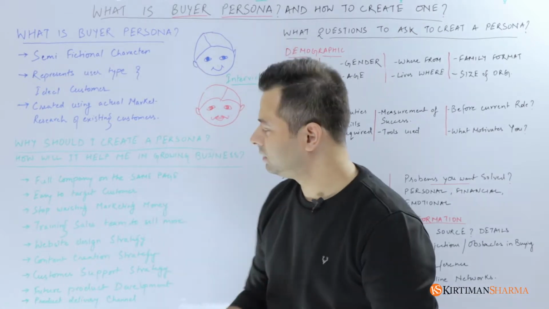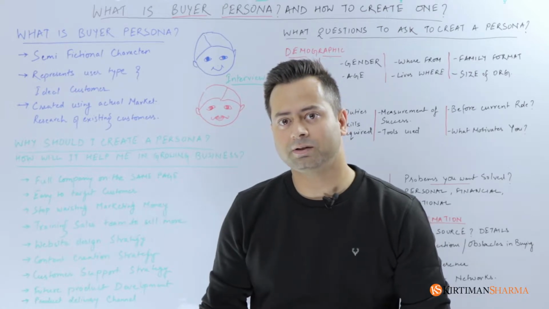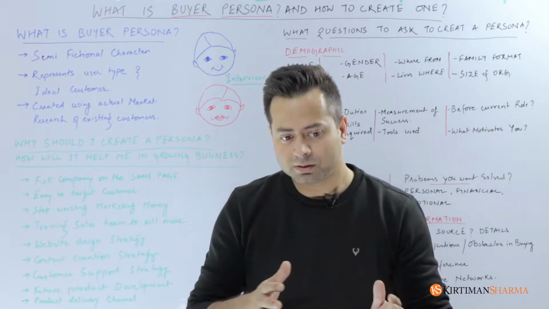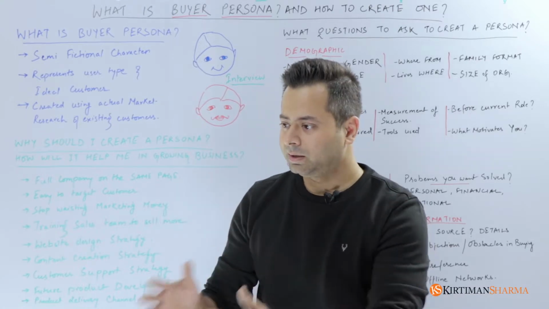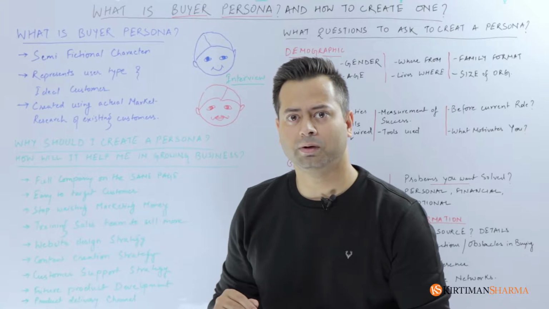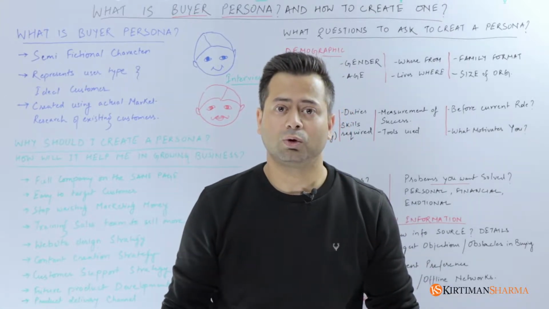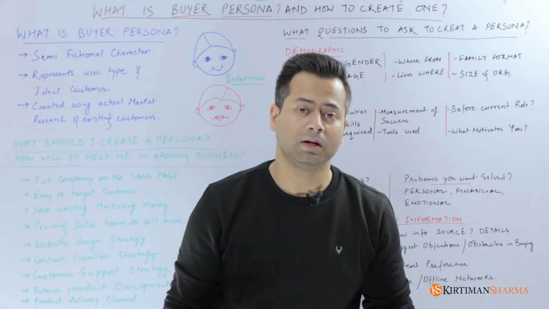If you have that, then you can train your sales team. You can have a different type of content strategy or website strategy for this particular type of persona. For another type of persona, you can have a different content strategy and write different types of content. Let's say you're a co-working space like Hustle Co-work.